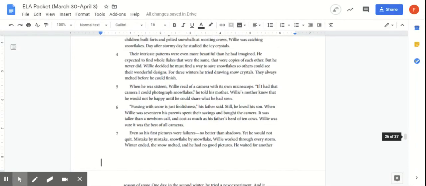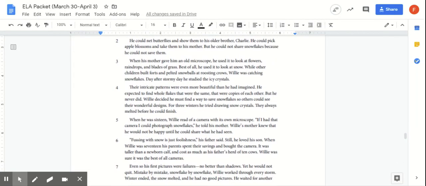So let's go up to paragraph 3 and figure out what is the best meaning of the word pelted. So I have my word pelted here. Let's read the surrounding sentences to figure out how to best use our context clues.